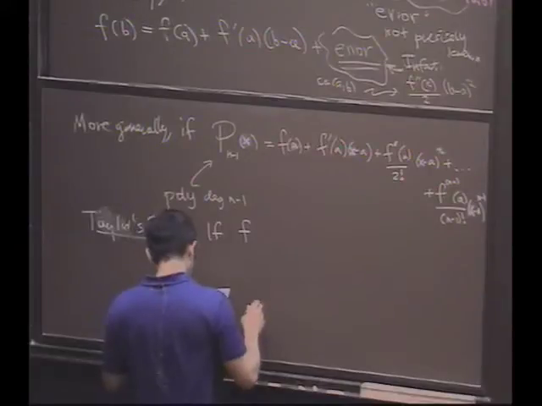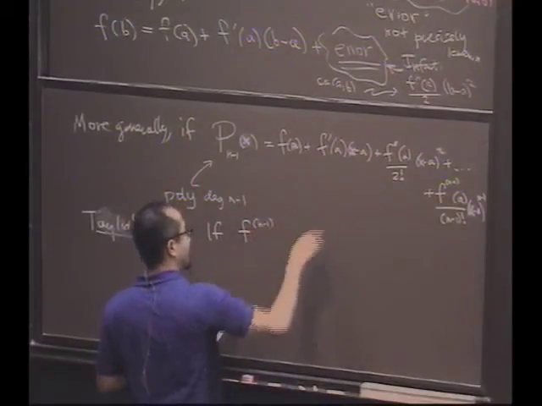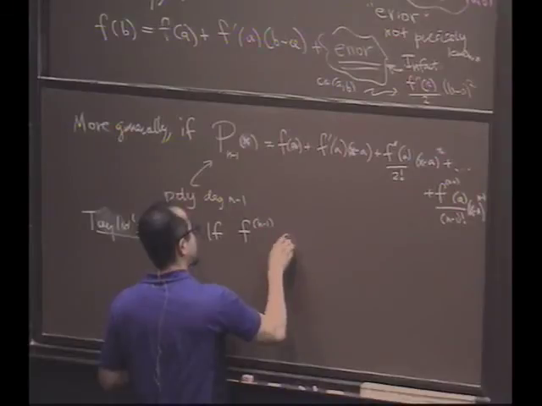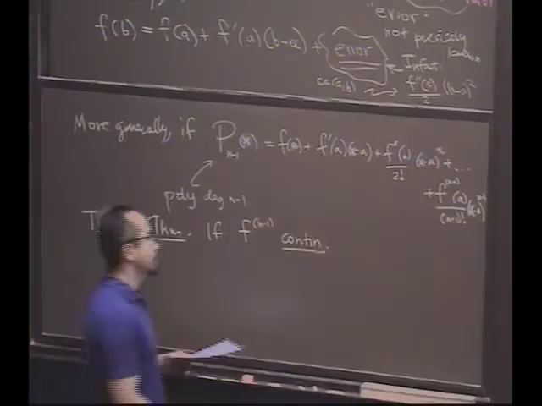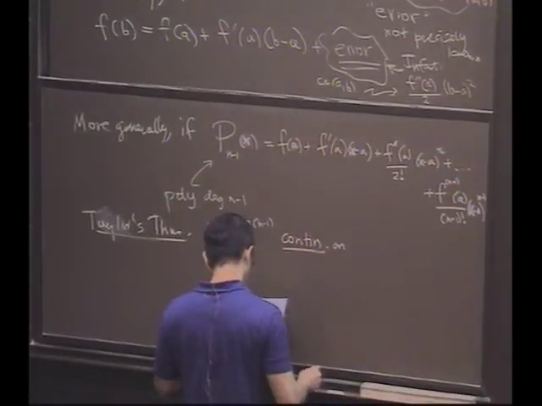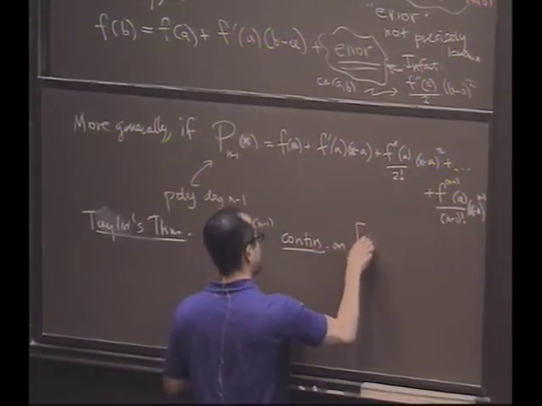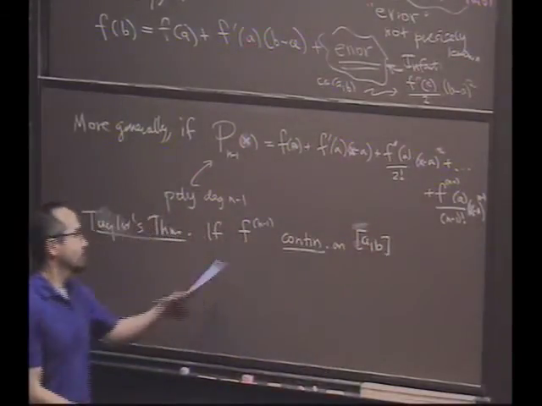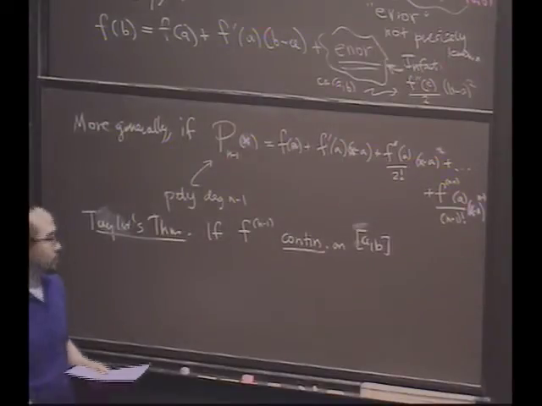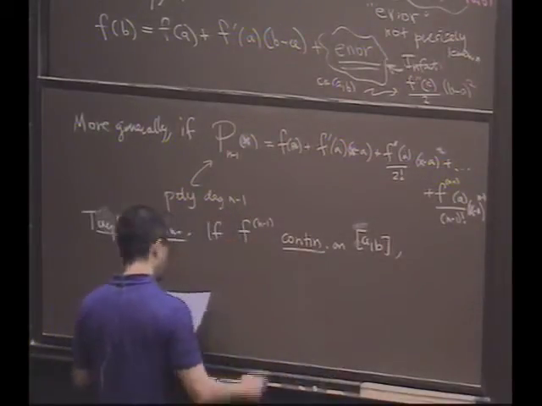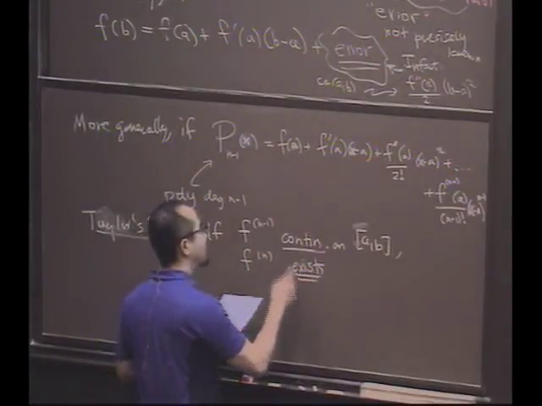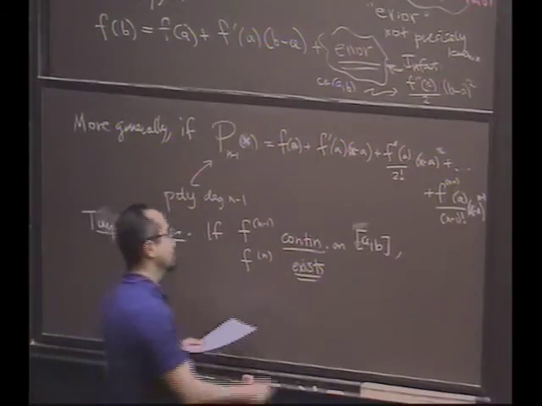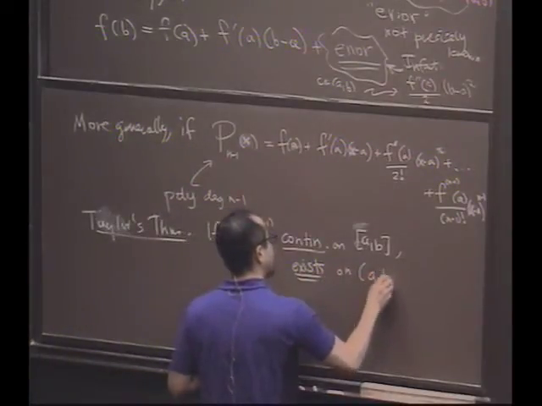What we're going to demand is that the n-1th derivative, the very last one you need, be continuous on the closed interval AB. And I'm going to demand that the nth derivative exists on the open interval AB. I don't need it to be continuous.